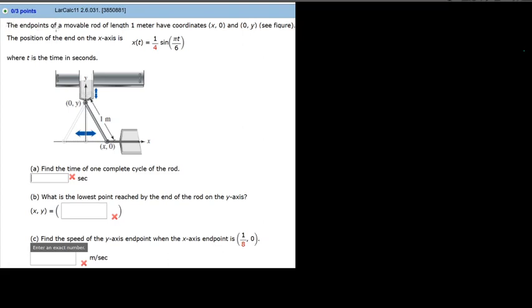So the endpoints of a movable rod of length 1 meter have coordinates x0, which is right here, and y0, which is up here, that point there. And so the position of the end of the rod on the x-axis is given by this function here.